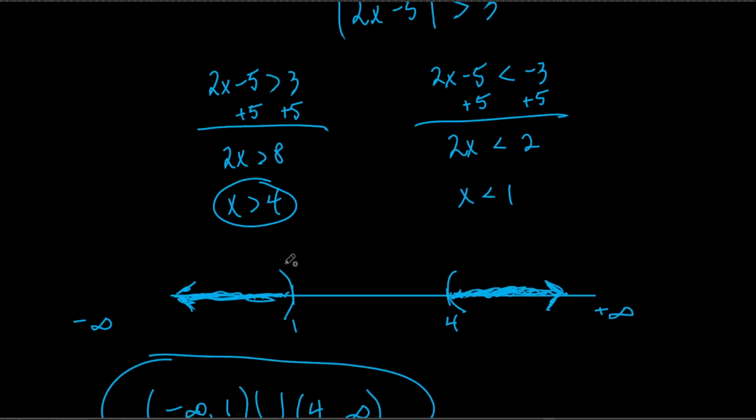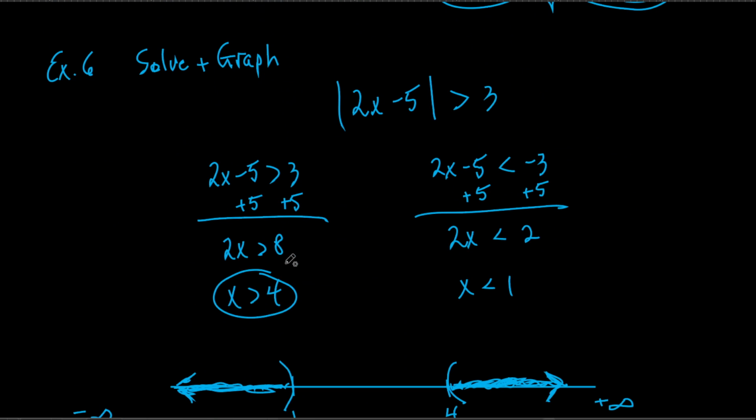It seems a little confusing at first, but once you get used to it, once you see a greater than, how are you going to write it? You write it just like you did without the absolute value, and then you write it again, but you change two things. You change the direction of the inequality, and you change that to a negative.